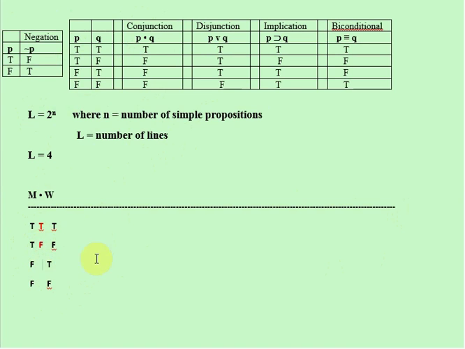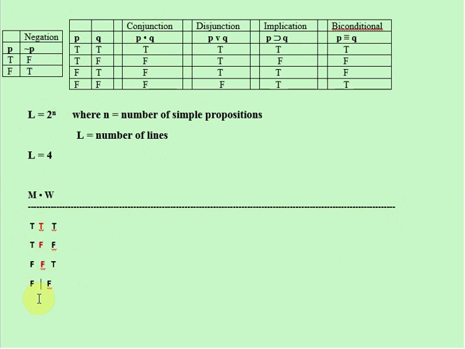Okay, we go to the third row, or the third line. Remember, these are lines. Lines or rows, you can call it either way. Okay, well, that's the case in which the P over here is false and the Q is true. And the whole conjunction ends up being false. So that would be F. Let me make it in red again to express that this is our final value.